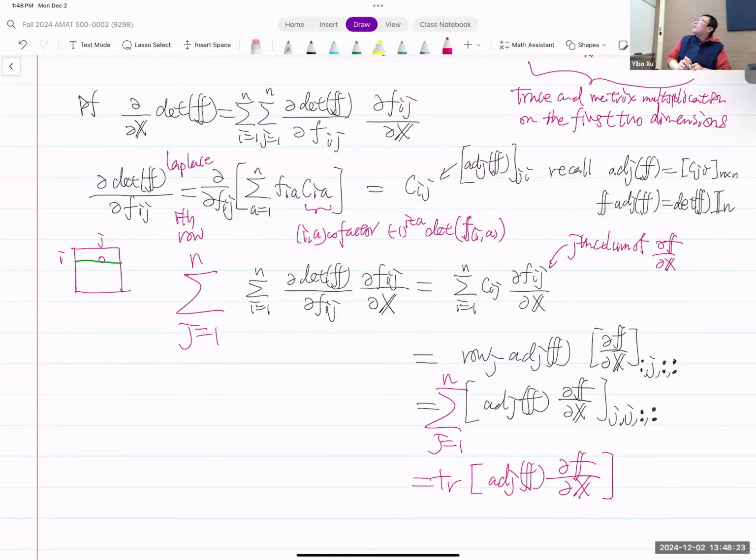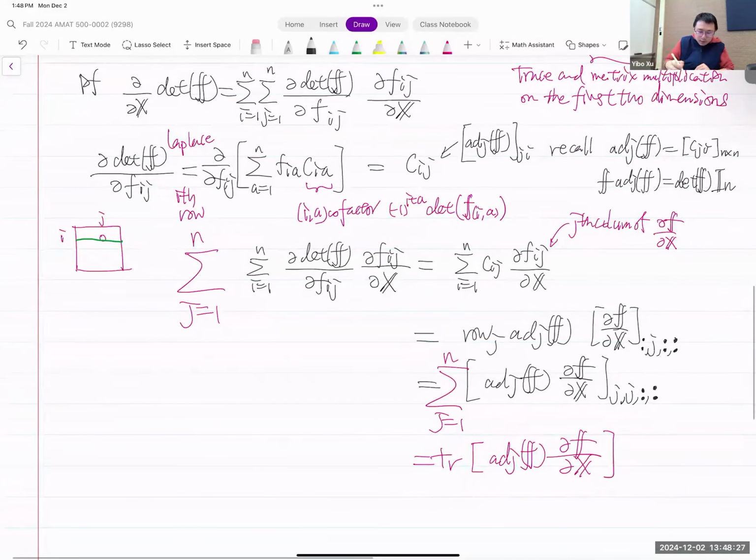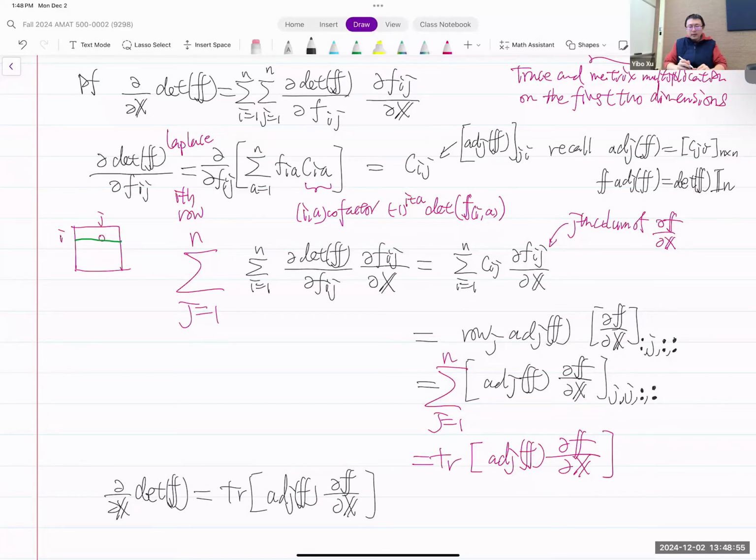Let's summarize what we have established. We started with the determinant of F, the determinant of the output. Now we rewrote the chain rule, and then we rewrote the double summation as the trace of the aggregate multiplying the order 4 tensor, right?